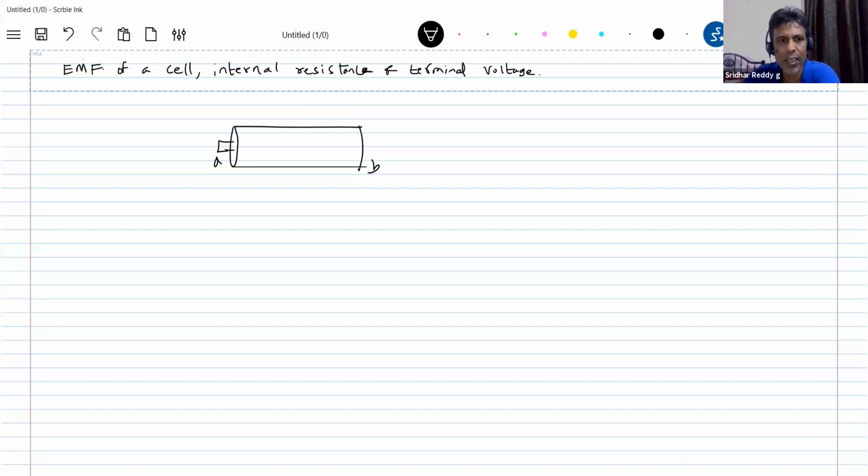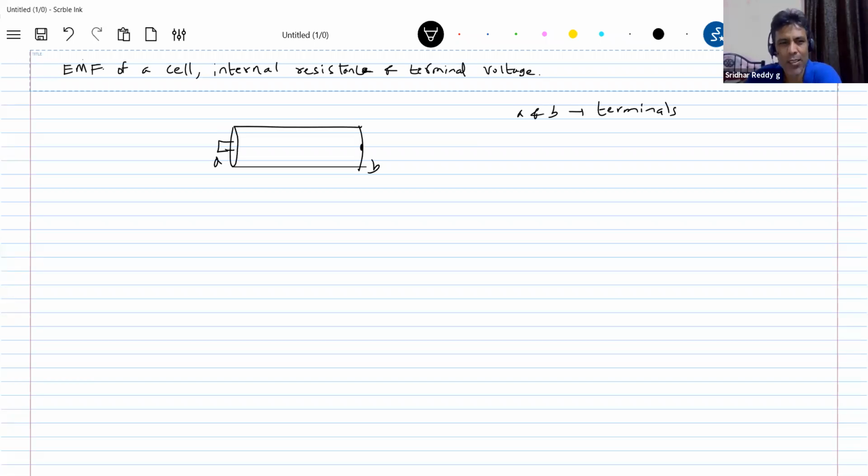So A and B are called terminals. At this particular point some gap or hole will be there, and these are what we use for the connection.